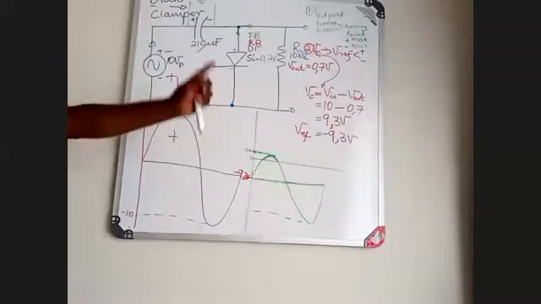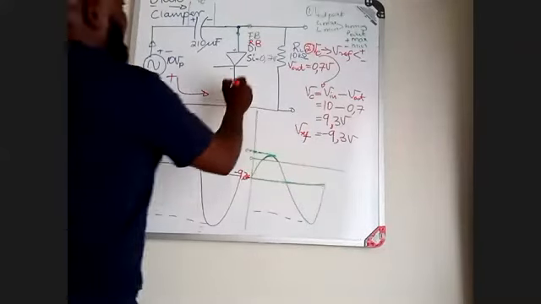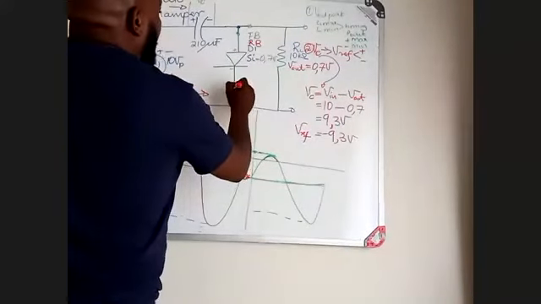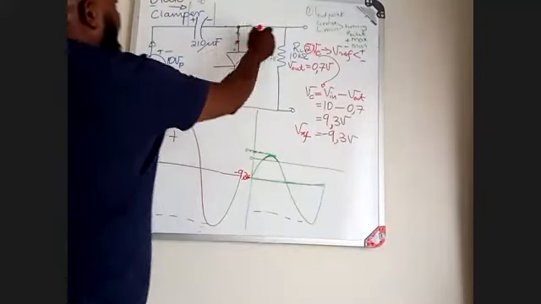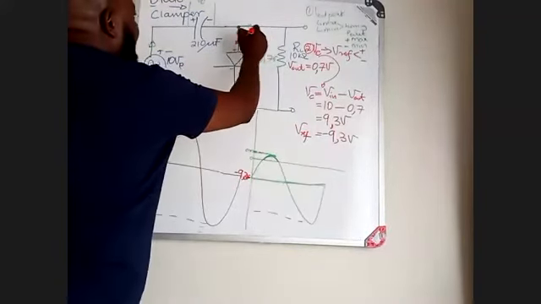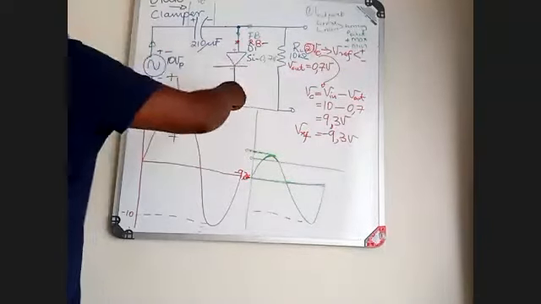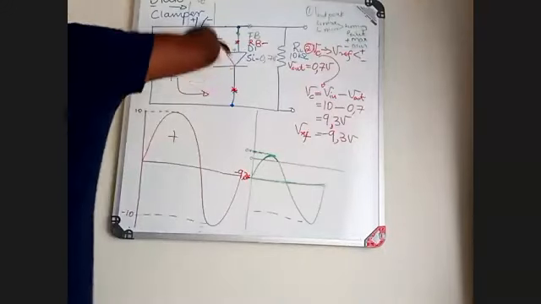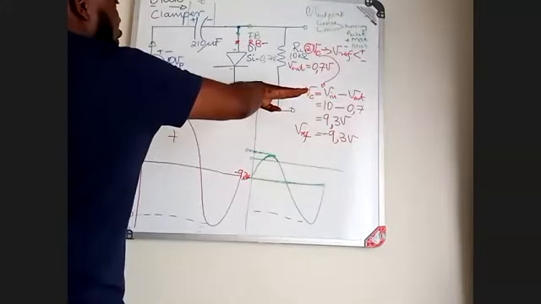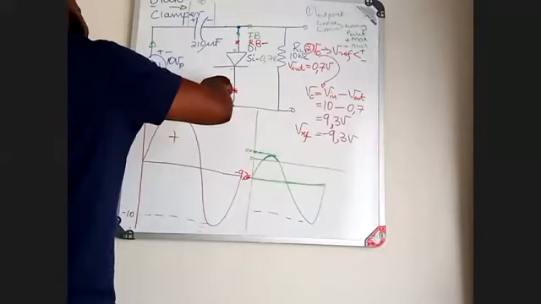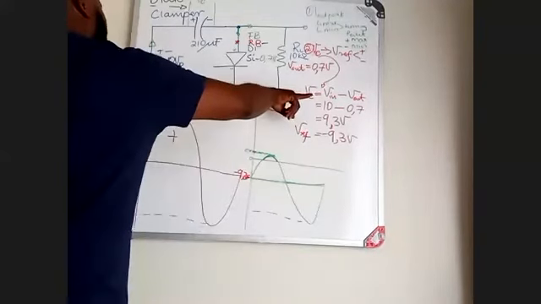And when the current is going in that direction, you will see that it will force this component to go into reverse bias, which means it's an open switch, and current will flow continuously. It's not going to flow with respect to this component, but it's going to flow continuously there.